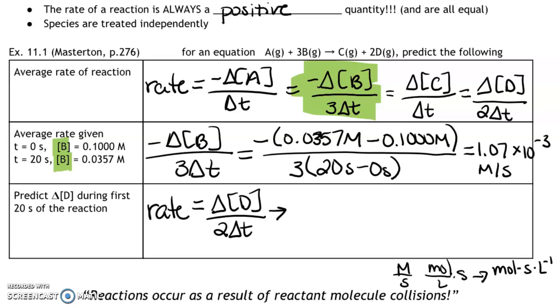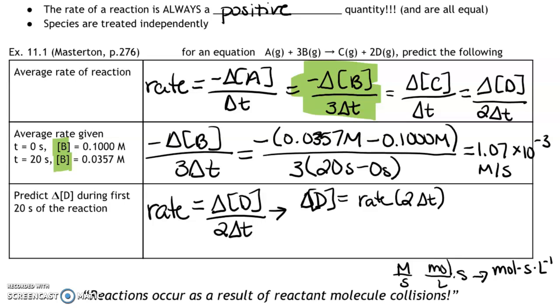Okay, so given the expression that we wrote for the average rate of product D formation, I'm going to rearrange this to solve for the change in concentration of substance D. My working equation is going to be the change in concentration of substance D is equal to the rate times 2 times the change in time.